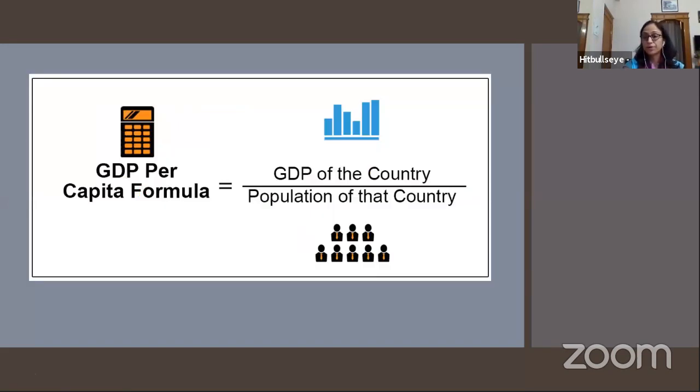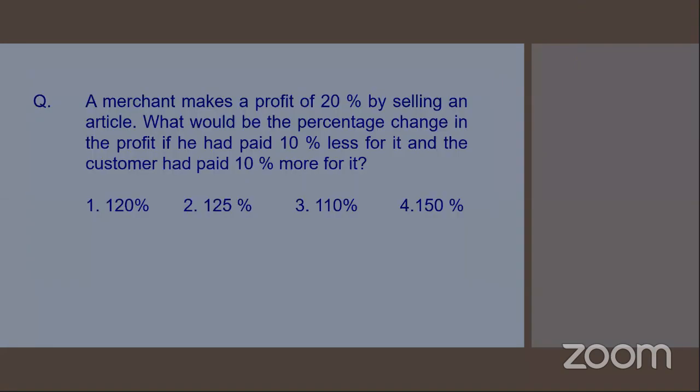So this is what Diptesh had written, right? Diptesh, this is your example. GDP divided by population gives you GDP per capita. Right, now try this question.